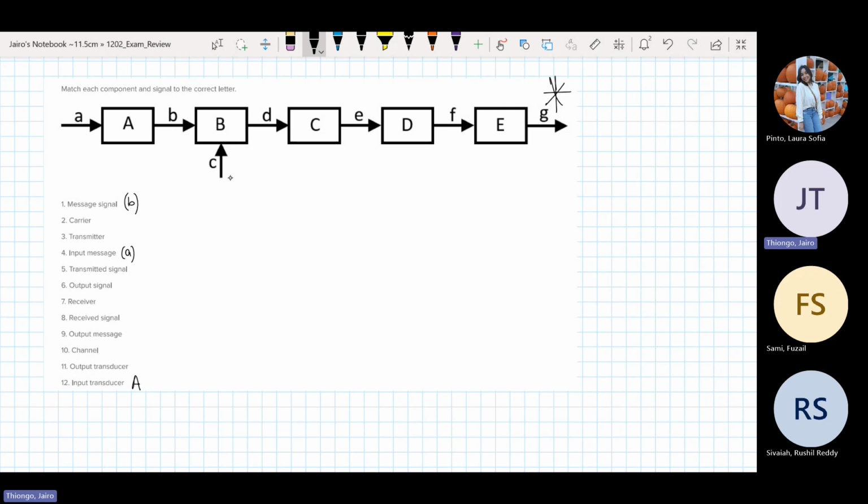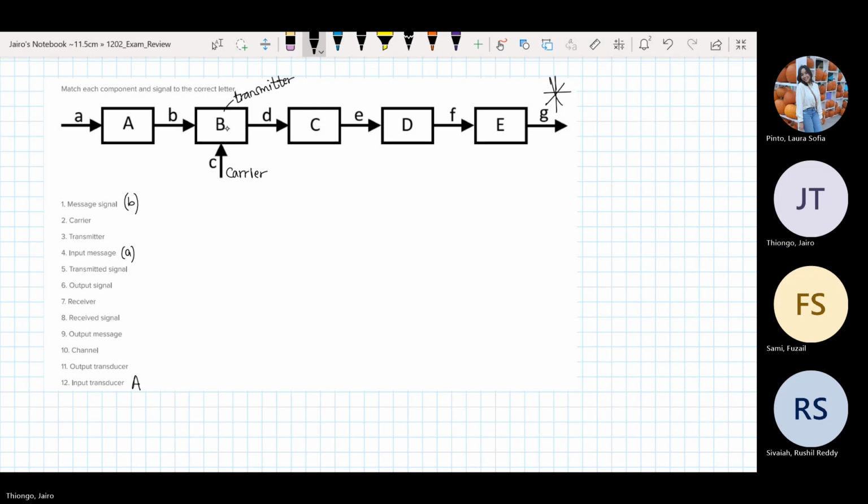Then the next one we have is the carrier over here, and then we have the transmitter. B is a transmitter. And y'all in the room can fact check me if you have access to the slides or if you remember. Then on to the next, D. So we covered the first one, second one, third one, fourth one, and the fifth.